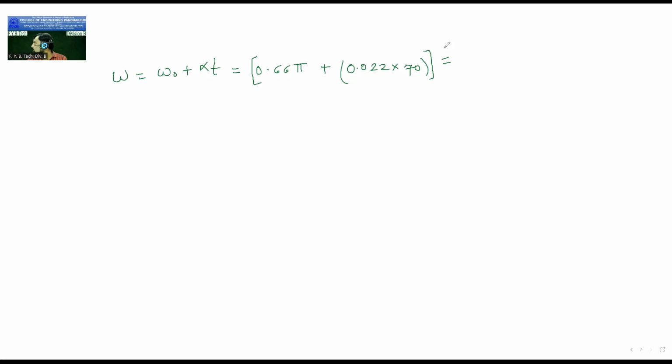What answer did you get? Here the pi needs to be included. The answer is 6.90 radian per second.